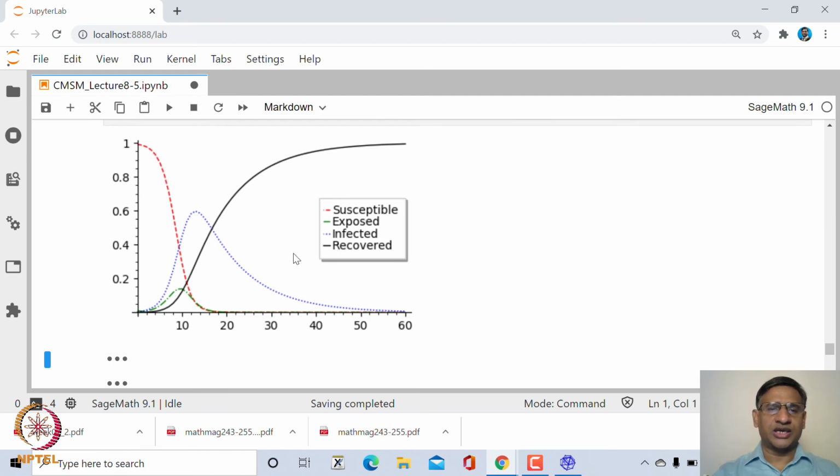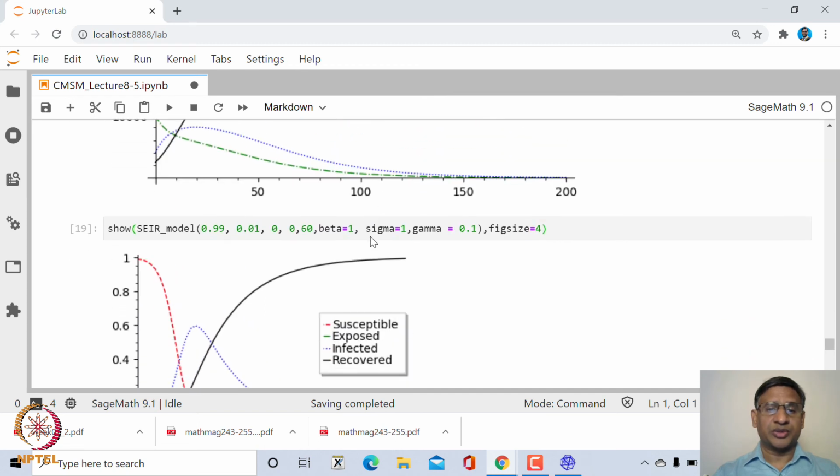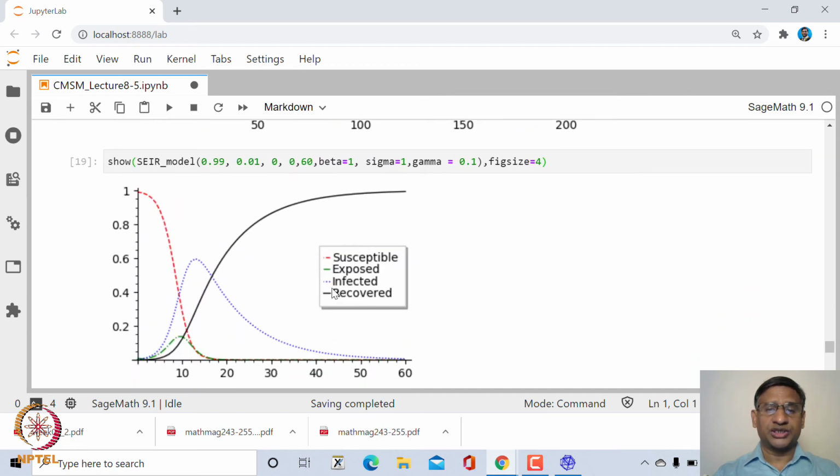So now you can see here, with 1% population exposed, the infection grows quite rapidly, but then it follows this Gaussian curvature, Gaussian distribution, and then it goes down and slowly it becomes 0, right.